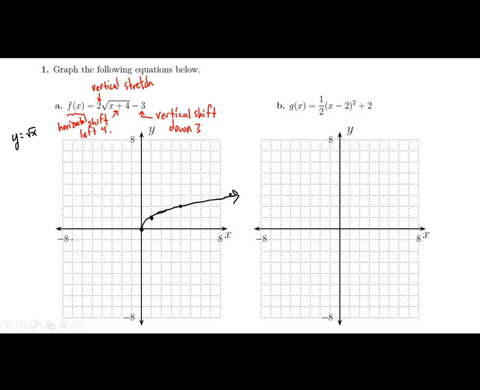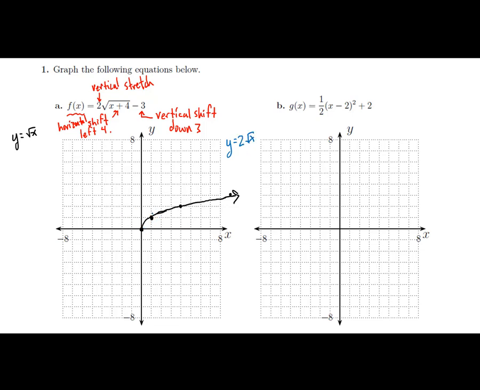So let me use an intermediate color here just to do this in a couple of stages. So first I might be interested in saying, okay, well, let's do y equals 2 times the square root of x. What would that look like?